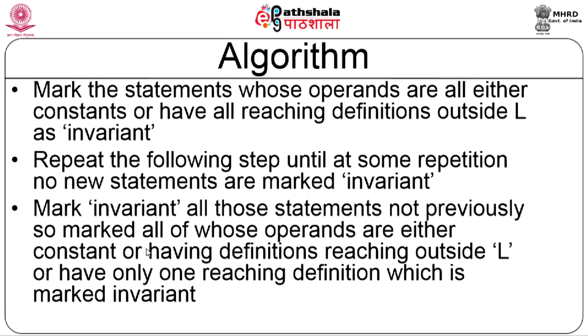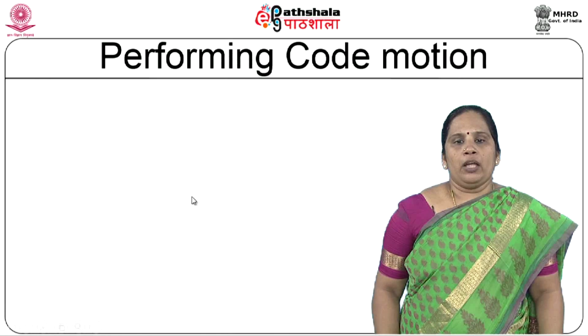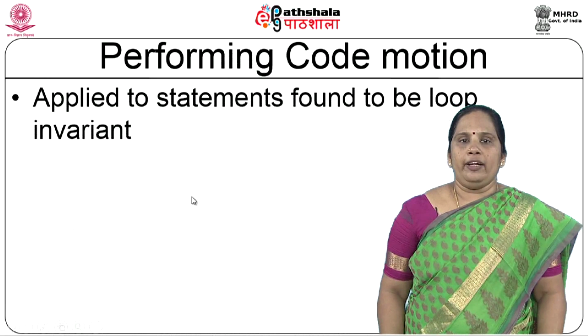They can also be considered as an invariant statement, or the simple logic itself where that statement will have all reaching definitions outside the loop here. They can also be marked as invariant. So, you keep accumulating to the list of invariant statements, and thereby you can identify statements that are going to be loop invariant.